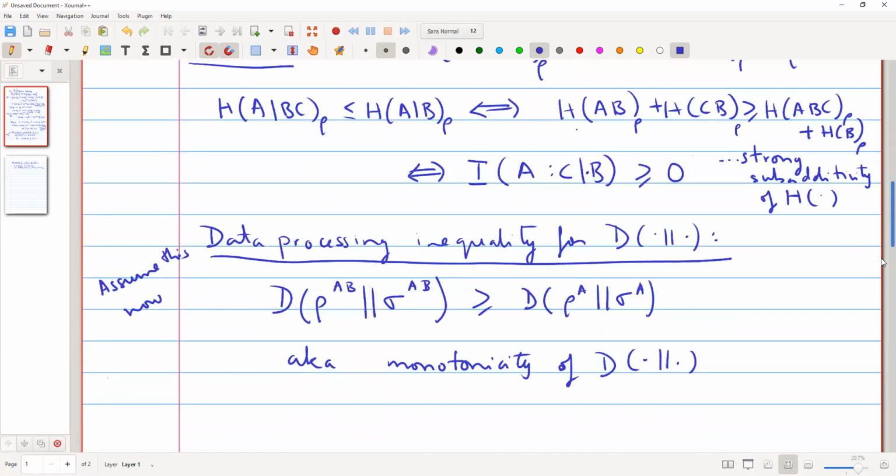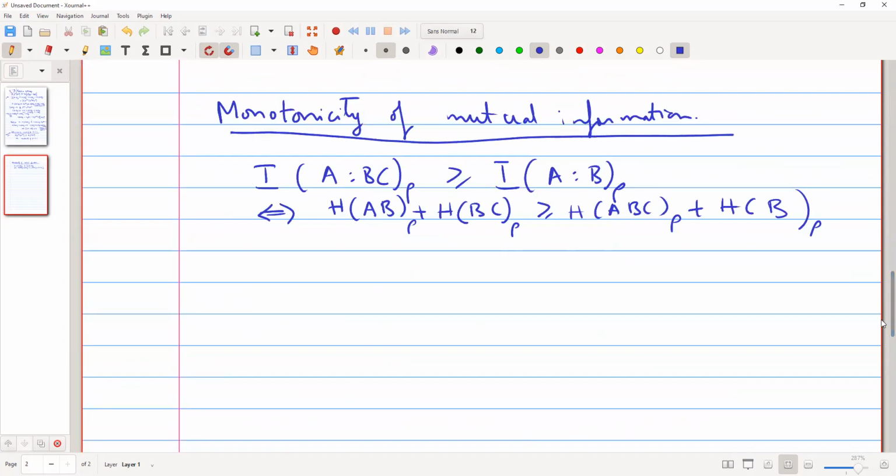It turns out it has another equivalent form, which is monotonicity of mutual information. But monotonicity of mutual information is nothing but an application of the data processing inequality for relative entropy.